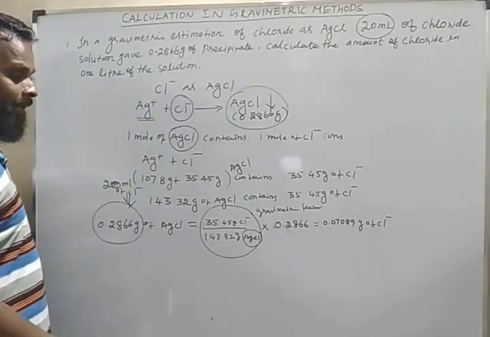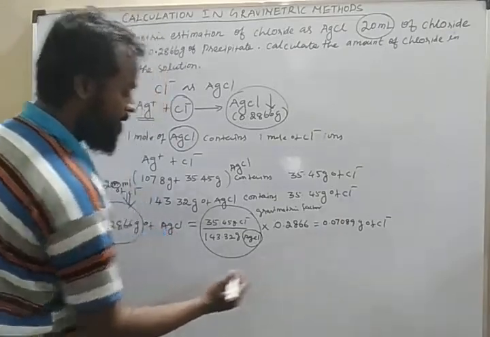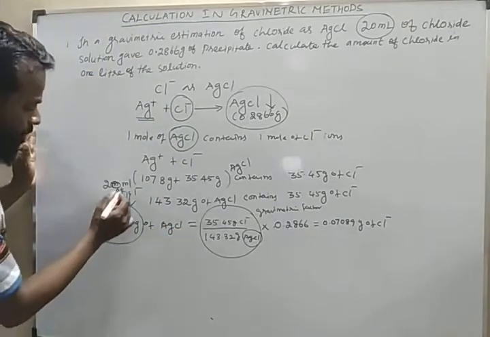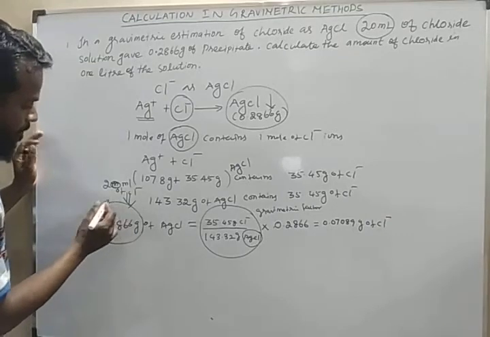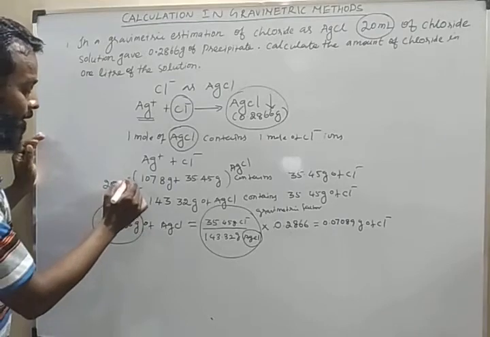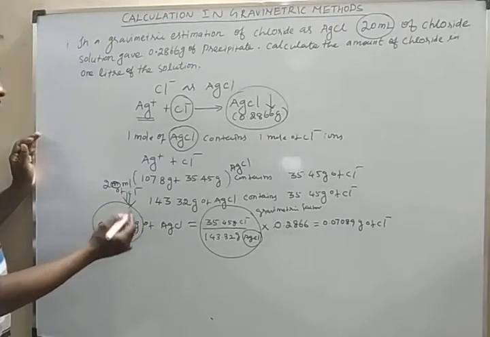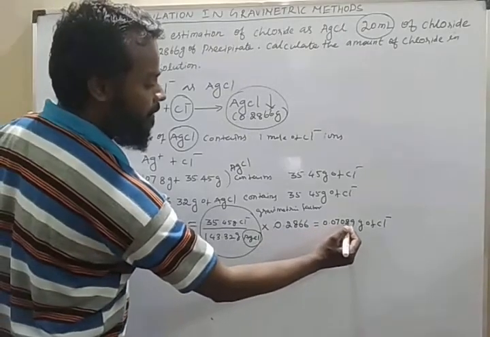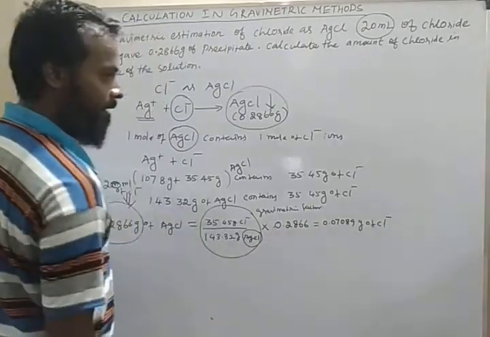In this we need the amount of chloride present in 1 liter of the solution. So here we know that 20 ml of chloride gives this much amount of AgCl precipitate, so that the 20 ml of chloride ion is having 0.07089 gram of Cl minus.